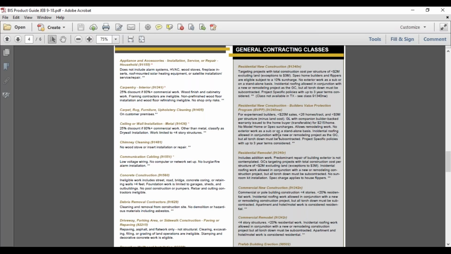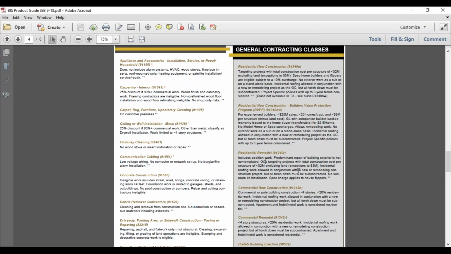Okay, perfect. So on the remodel class, some things to remember. We do allow handyman. This is where I'm looking at, the remodel class right here. We allow handyman to be part of this, to be a remodeler. And if they're not required to be licensed, then that's fine.